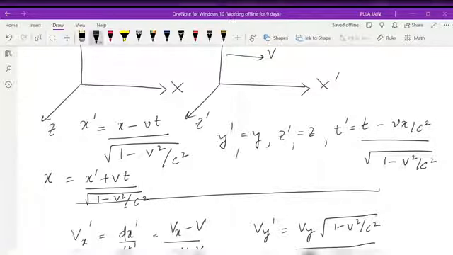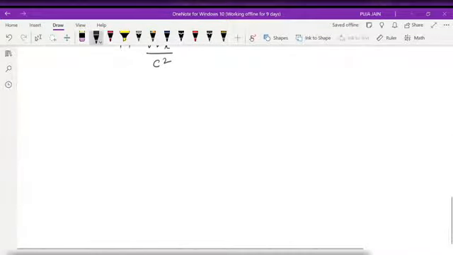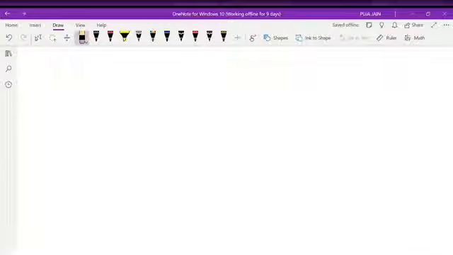This is the same, and t will be t dash plus vx by c square by root 1 minus v square by c square. These are the formulas which we are going to use. Apart from this we have two more formulas: one is length contraction and second is time dilation.